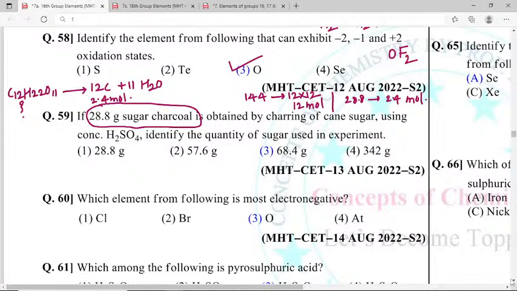Solve the question. 28.8 gram sugar charcoal is 2.4 mole.